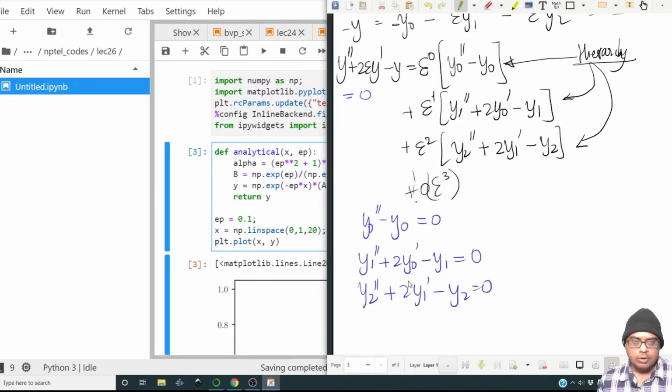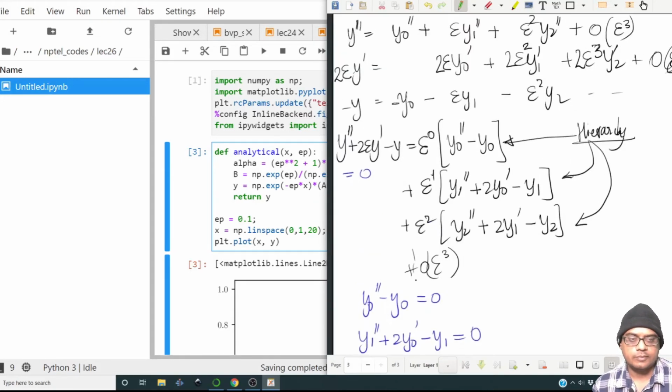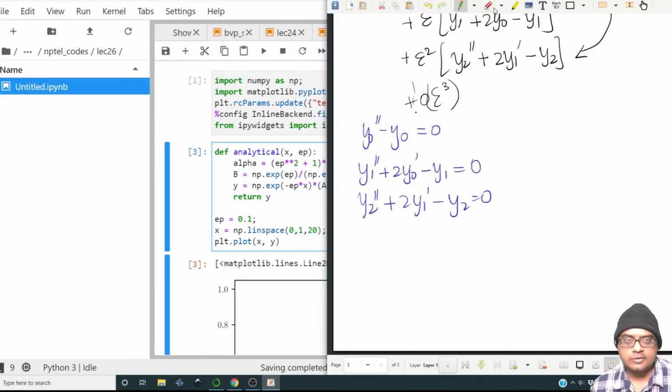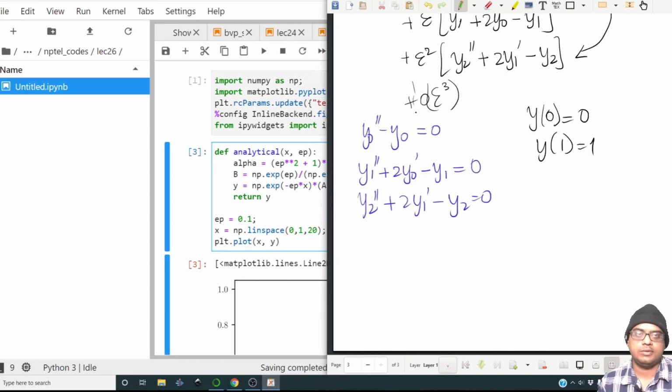But what about the boundary conditions? Well, that's also straightforward to do. Let us write down the boundary condition. So what do we have? Y at 0 is equal to 0 and y at 1 is equal to 1.